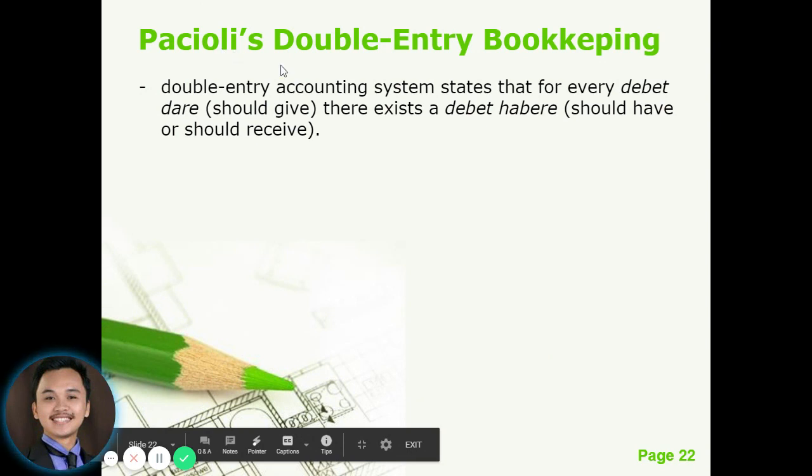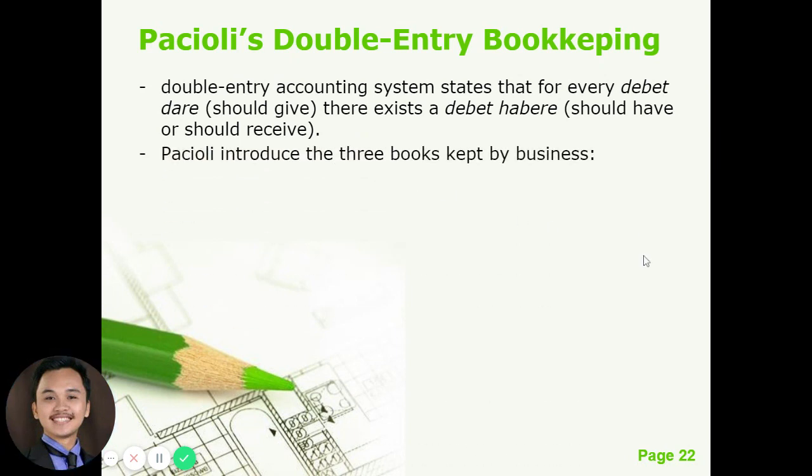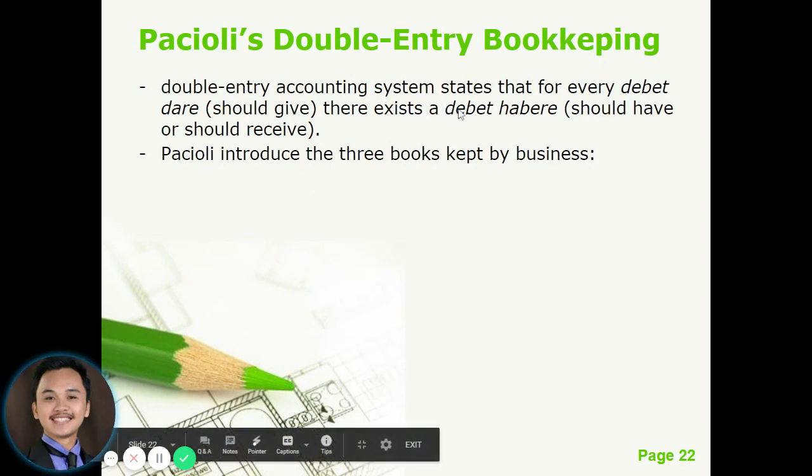So let's have Pacioli's double entry bookkeeping. Earlier, we introduced to you Luca Pacioli, who is the father of double entry bookkeeping. The double entry accounting system states that for every debit there exists a credit.